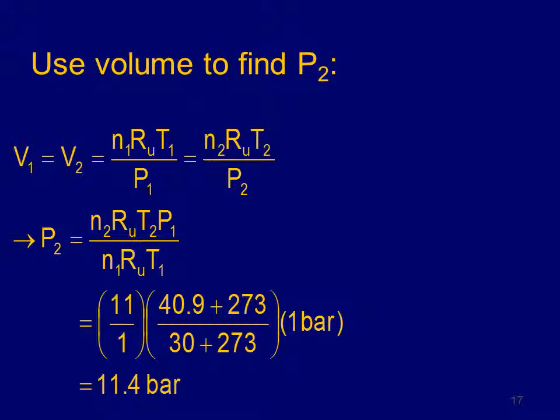You can calculate the final moles, which is N2, and reducing it down to P2 without putting any numbers in until we have to. Notice that the ratio of N2 to N1 is 11 to 1. The ratio of the moles is the same as the ratio of the mass, 11 kilograms to 1 kilogram. And our final pressure is 11.4 bar.